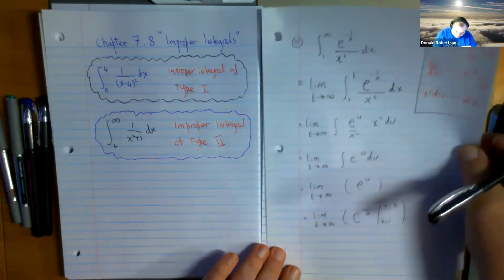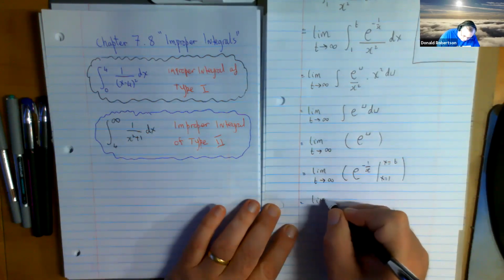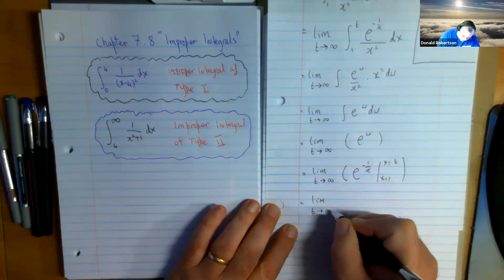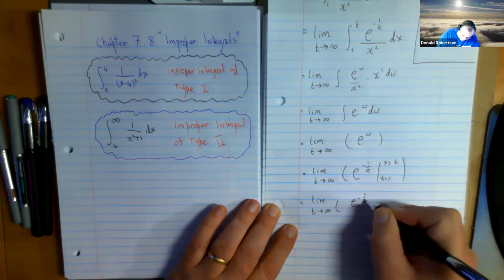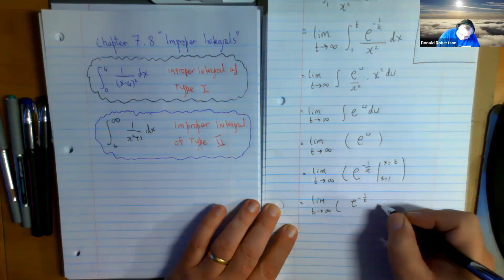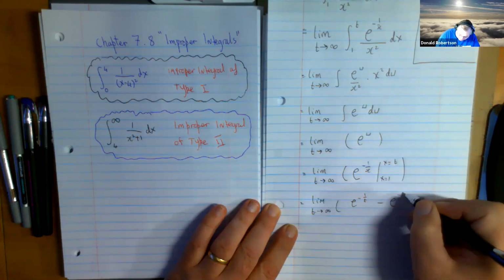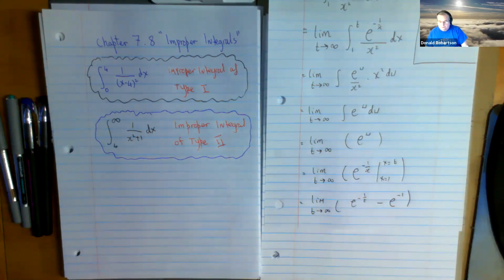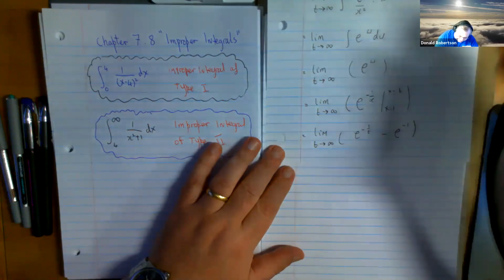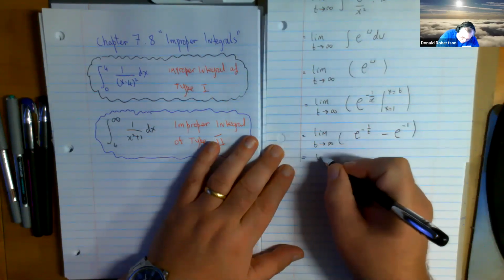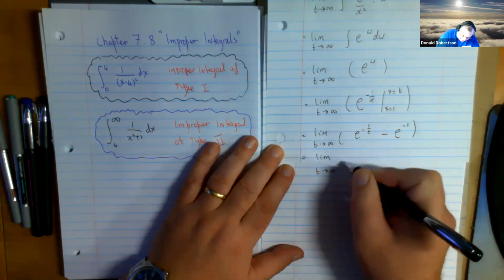At this point, it's a little bit like a plug and chug kind of situation. It goes to e to the -1 over t, take away e to the -1. Me personally, I tend to do a little bit of algebra in these kinds of questions first.